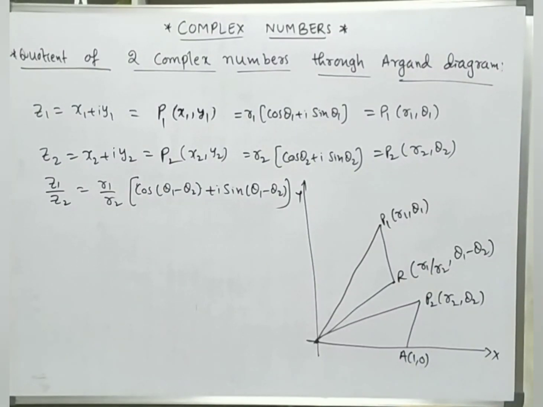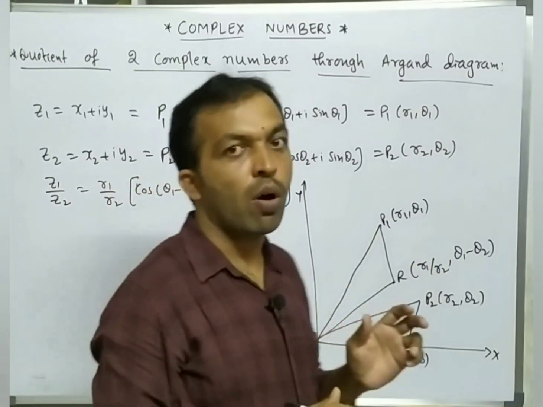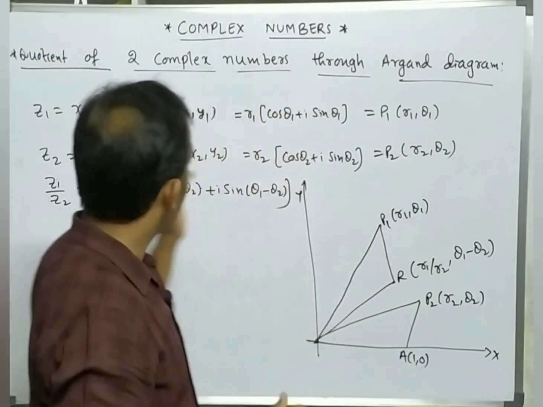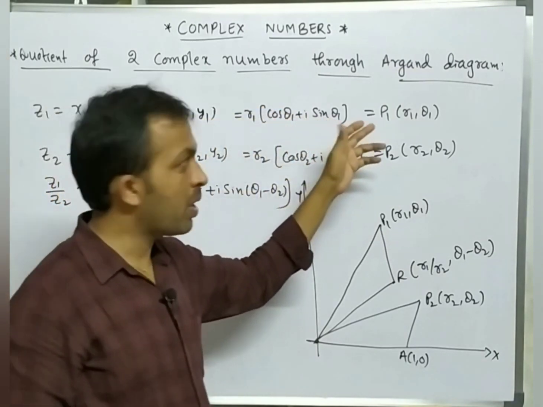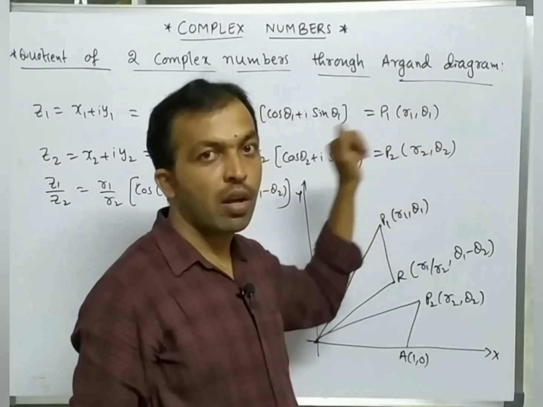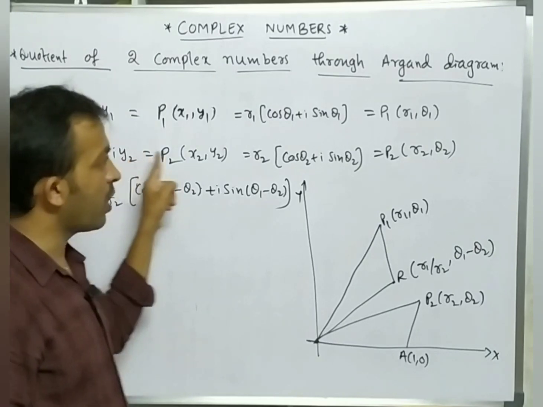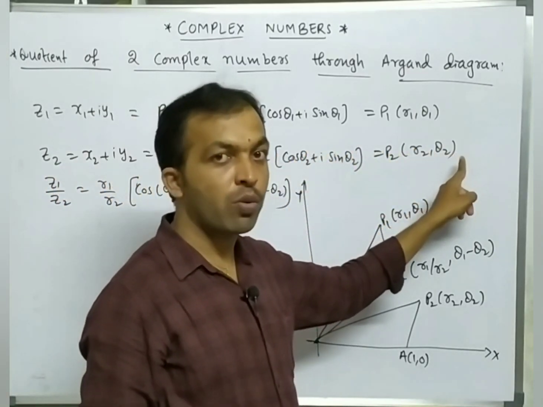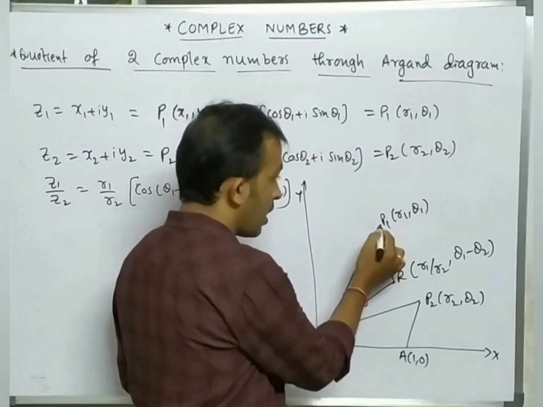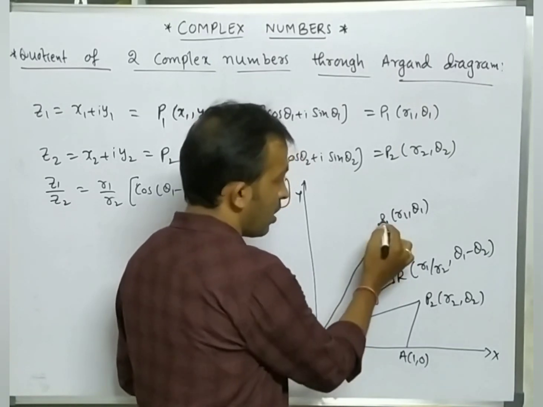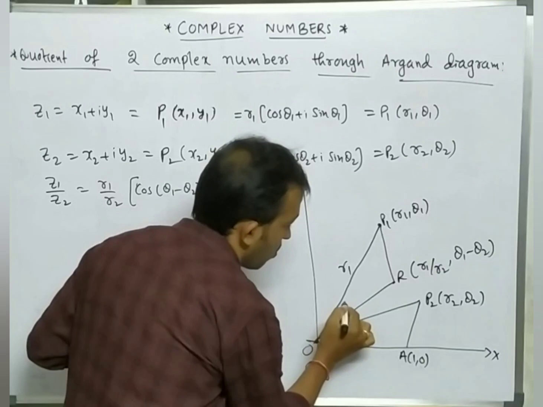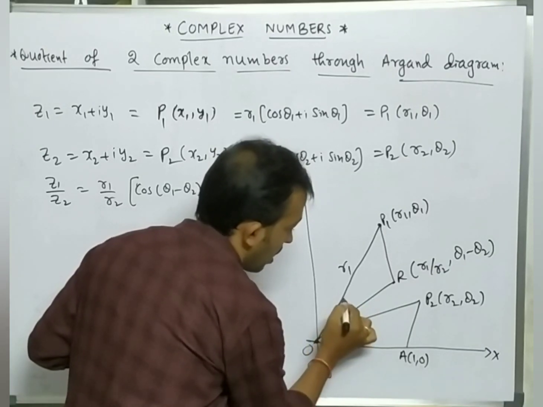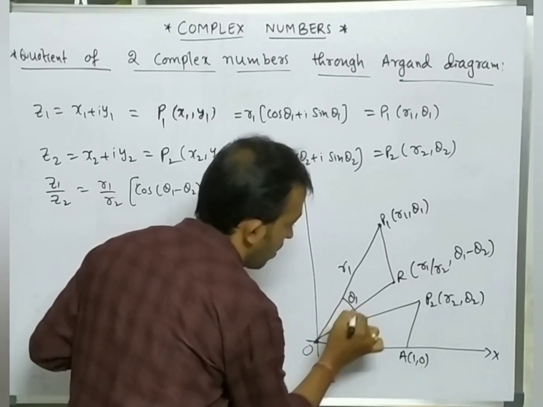Next, the quotient of two complex numbers through the Argand diagram. z1 is a complex number which can be represented in polar form as r1 comma theta 1, and z2 is another complex number in polar form, r2 comma theta 2. Here P1 is r1 comma theta 1, so this length is r1 and this total angle is theta 1.